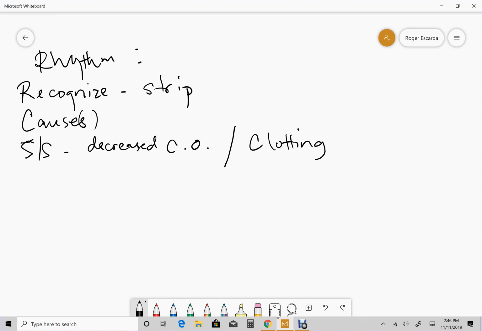Whenever they're congested anywhere, they form blood clots. The two rhythms that usually cause clotting are AFib and A flutter, which we will discuss today. And finally, interventions.